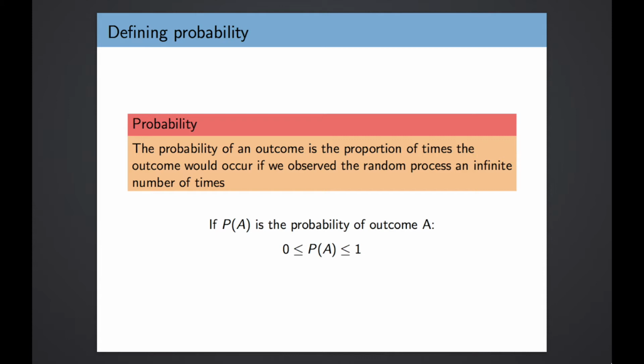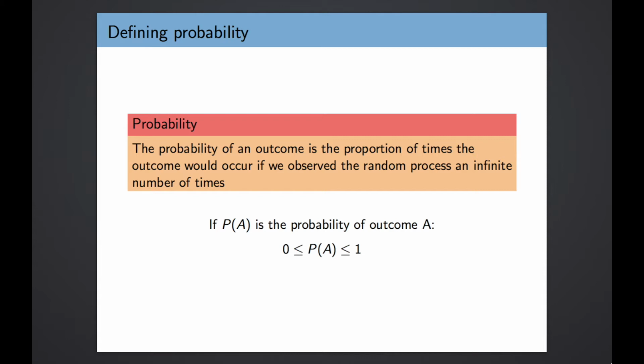Instead of getting off in the weeds of this particular statistical debate, we're just going to adopt what's called the frequentist definition of probability, which says that the probability of an outcome is the proportion of times that outcome would occur if we observed a random process an infinite number of times. So if we observed an infinite number of flips of a fair coin, the probability of heads is the proportion of heads that we would get if we observed that infinite process.